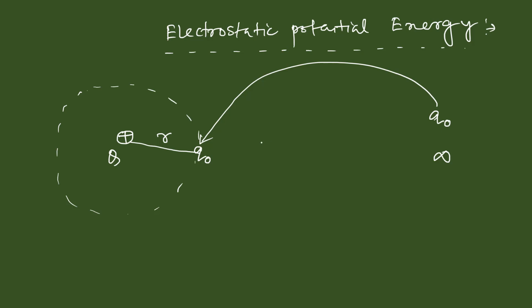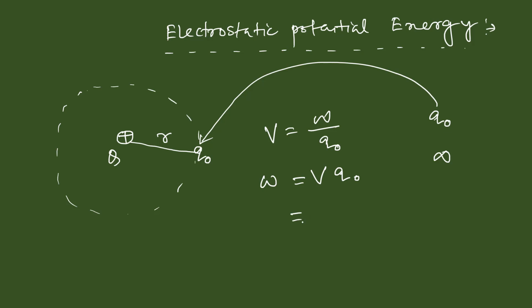Electric potential is defined as the work done per unit charge, right? So the work done in bringing the charge from infinity into the electric field is equal to the electric potential multiplied by the value of charge.